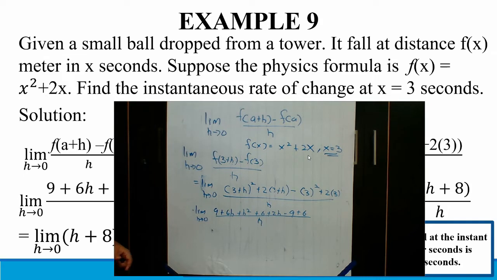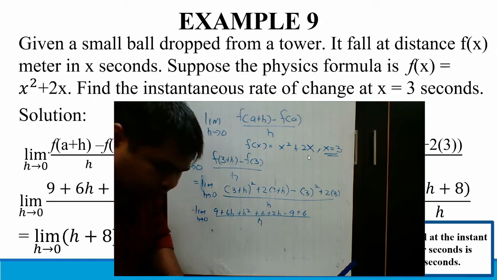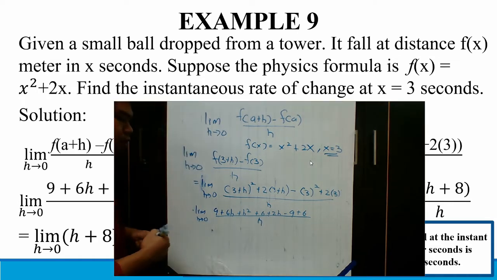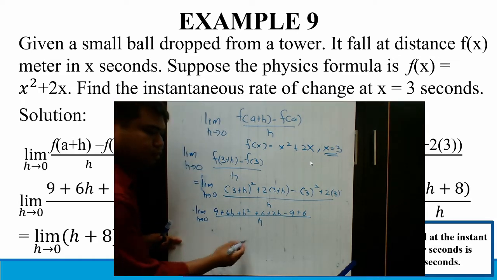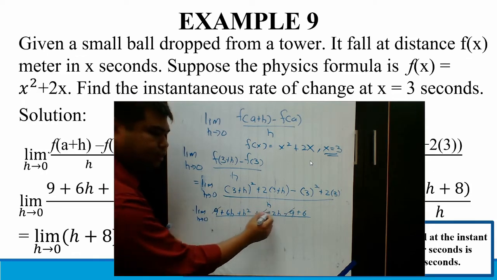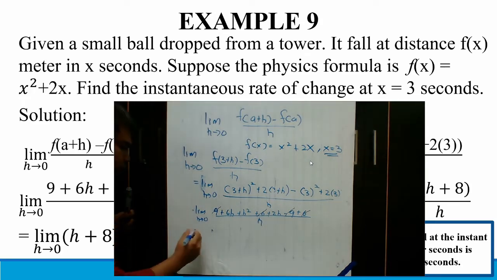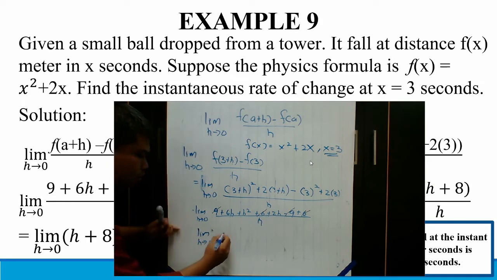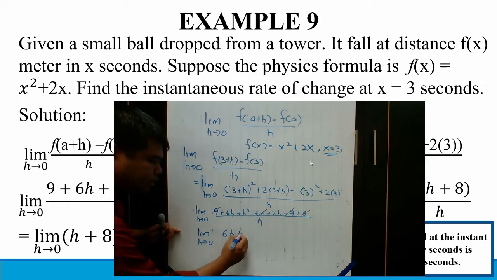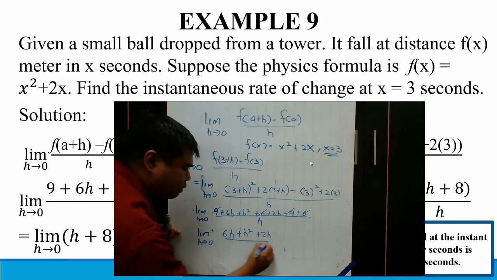From this one, you can see that 9 can be eliminated with 9, and 6 can be eliminated with 6. So what is left is the limit as h approaches 0 of 6h plus h squared plus 2h, divided by h.